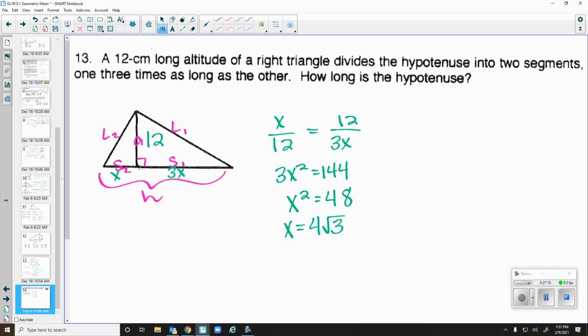The question is now asking how long is the hypotenuse. So the hypotenuse would be 4x, right? Because the 3x plus the x, so multiply our x value by 4. When you multiply that by 4, what do you get? 16 root 3. Anytime you're multiplying with radicals, outside multiplies with outside, so the hypotenuse would be 4 times 4 root 3, so 16 root 3.